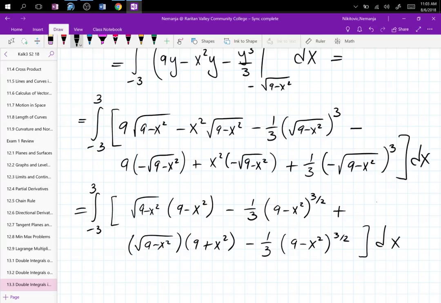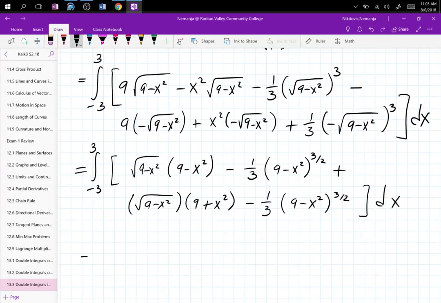So going further, negative 3 to 3, we have 9, what is this? This is a half exponent, and this is 1, so 1 plus a half is 3/2. So I have 9 minus x squared to the 3/2.